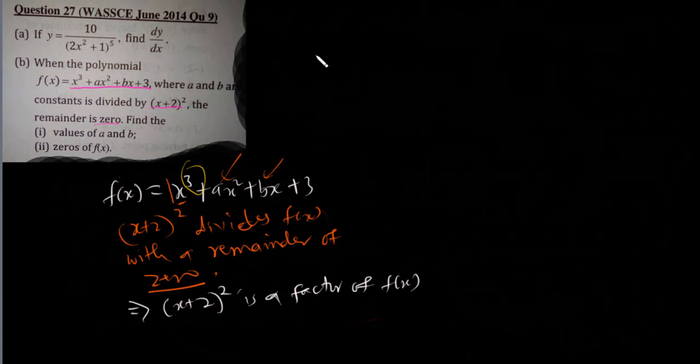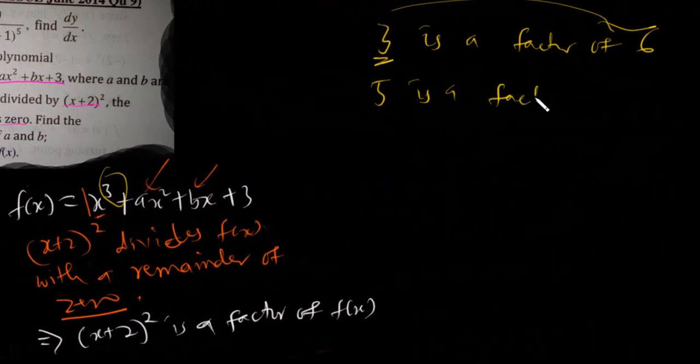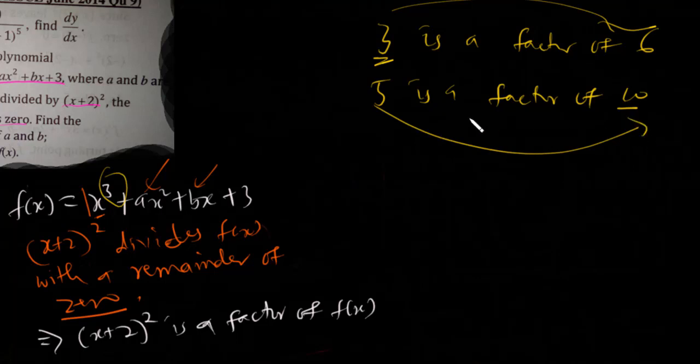For example, we know that 3 is a factor of 6. Why? Because 3 divides 6 exactly without a remainder, or when 3 divides 6, the remainder is 0. And we know that 5 is a factor of 10. Why? Because when 5 divides 10, the remainder is 0.